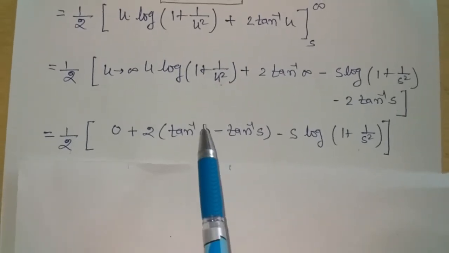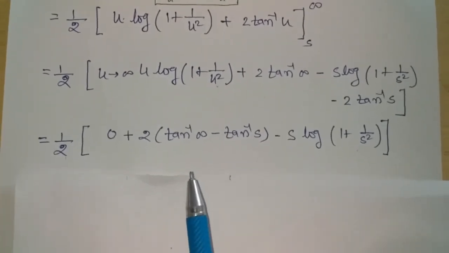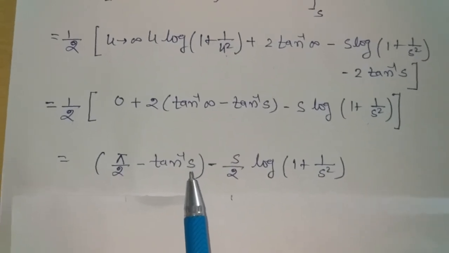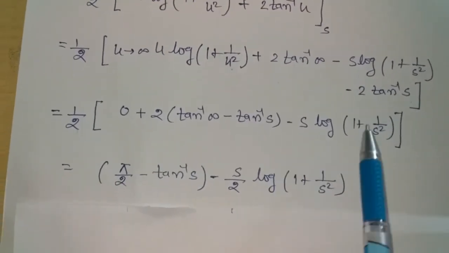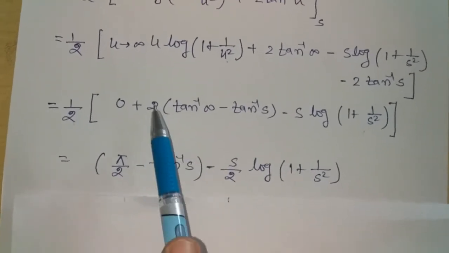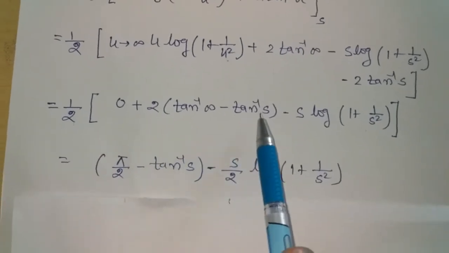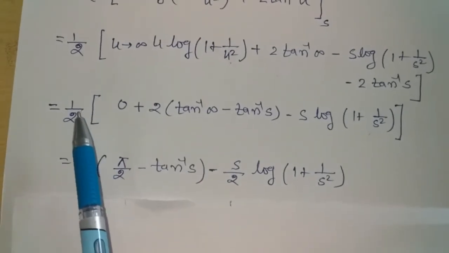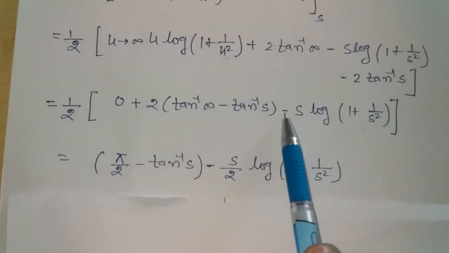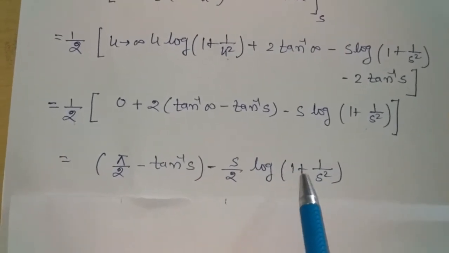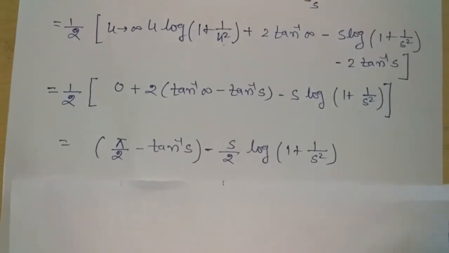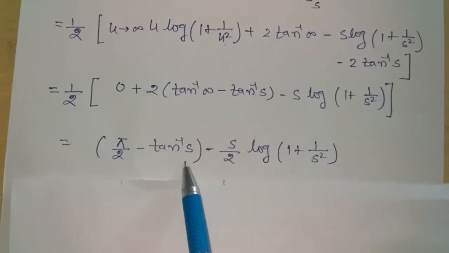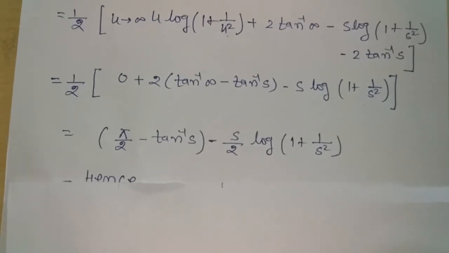Now tan⁻¹∞ is π/2, and we multiply this 1/2 in this bracket, so the 2s cancel and we get π/2 minus tan⁻¹s minus s/2 log(1 + 1/s²). Now π/2 minus tan⁻¹s is what? cot⁻¹s.